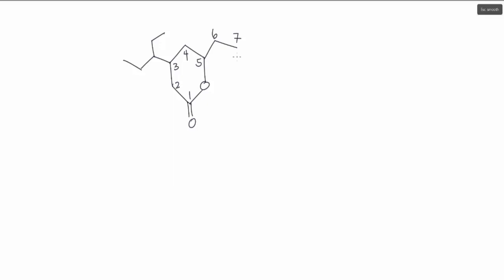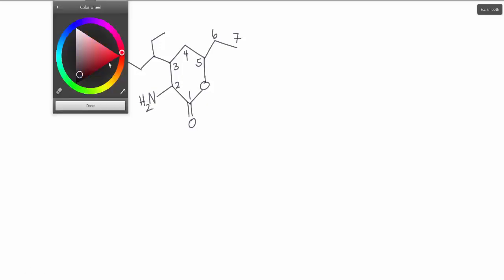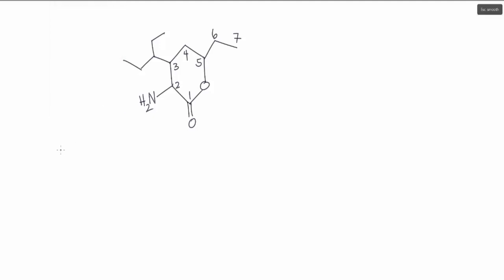All right. Now, I'm going to put an amino group on here just to get you in the practice of naming. So at carbon 2 we have an amino. On carbon 3 we have 1, 2, 3.